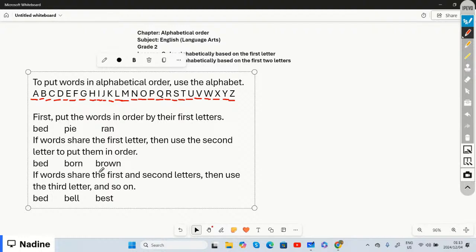And if we look at the first three words, we have bed, pie, and ran. So even if those words were to be jumbled, the first word we would have written down would be bed because bed starts with a B. So B for bed.